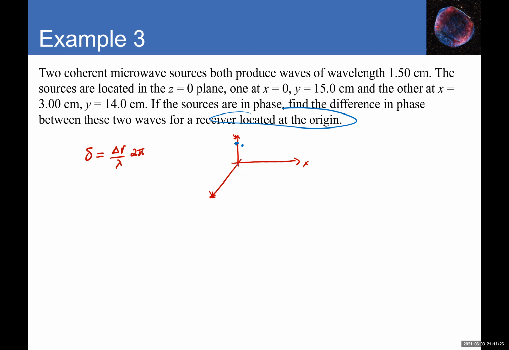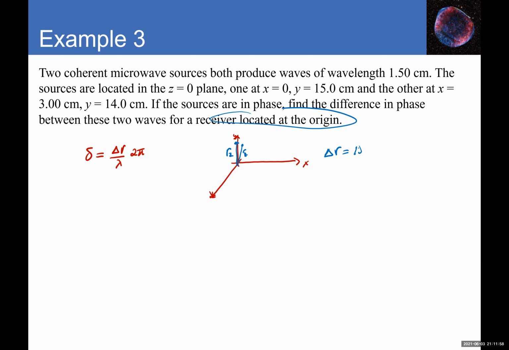That means one wave is going like this, the other one is going like that, so we have to find the path length difference. Let's say this is R1 and this is R2, it doesn't really matter. We're just looking at delta R, which is their difference.